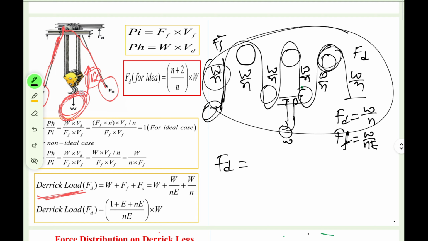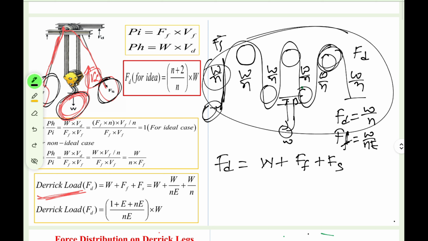That load is nothing but the hook load W, the fast line load FF, and the dead line load FD, or FS, whatever you write. These three loads are experienced by the Derrick.